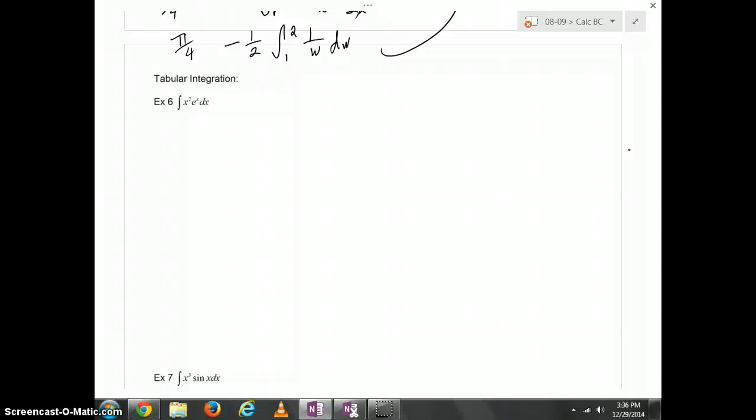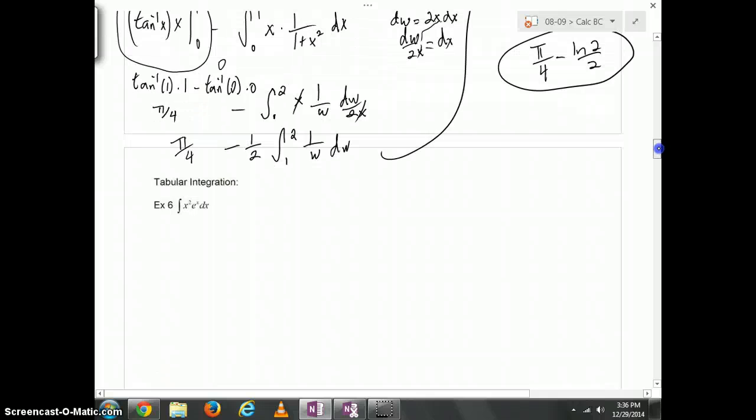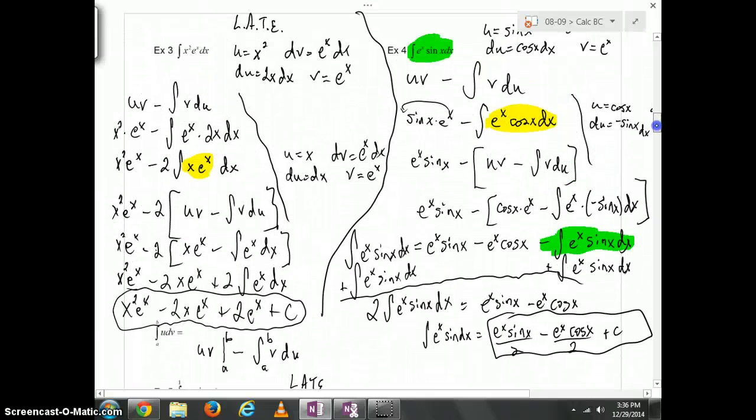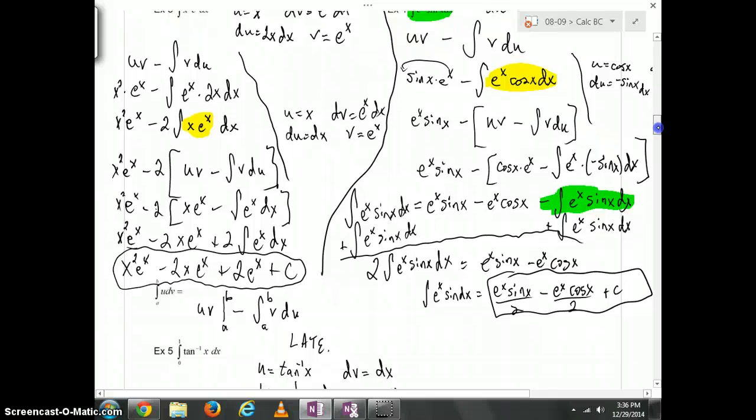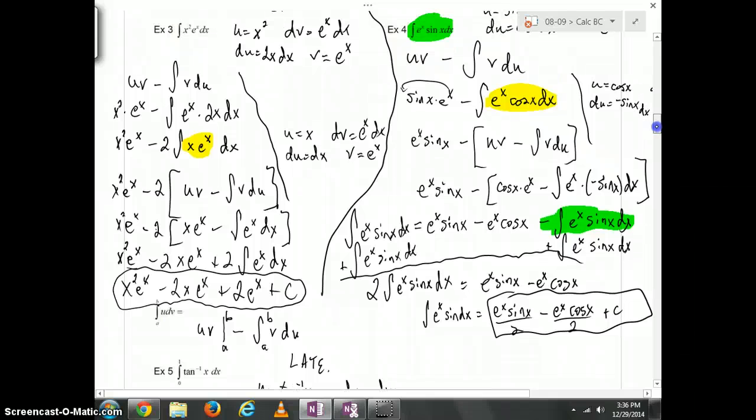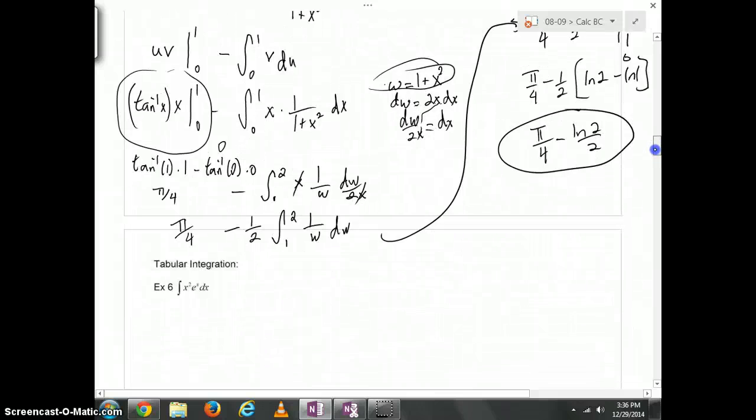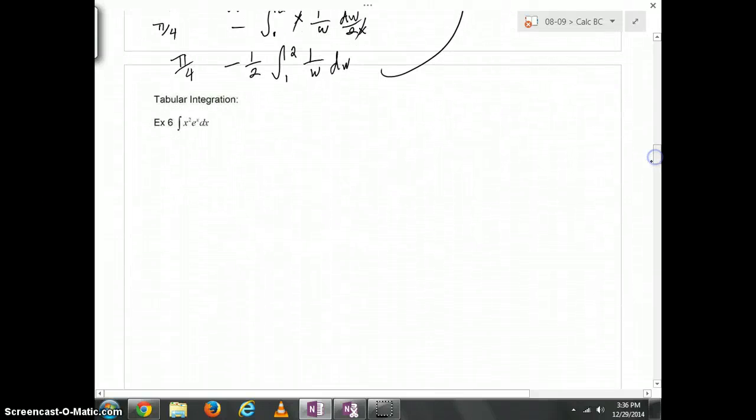If you're really on your toes, example 6 is exactly the same problem as example 3. In example 3, we did integration by parts twice, x squared e to the x. So tabular integration is a way that you can more quickly go through integration by parts.